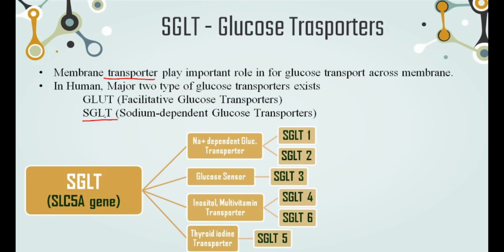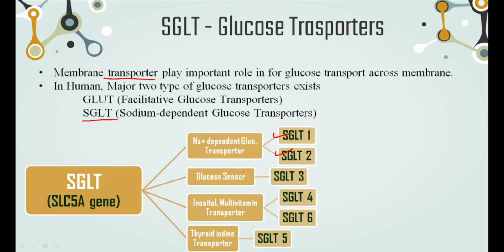The SGLT is mainly coded by the SLC5A gene, and there are different types of SGLT present. SGLT1 and SGLT2 are the two major sodium dependent glucose transporters.